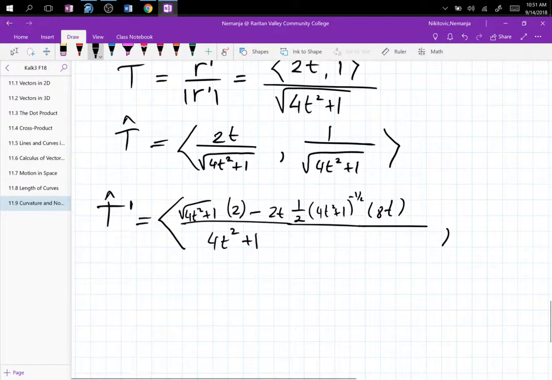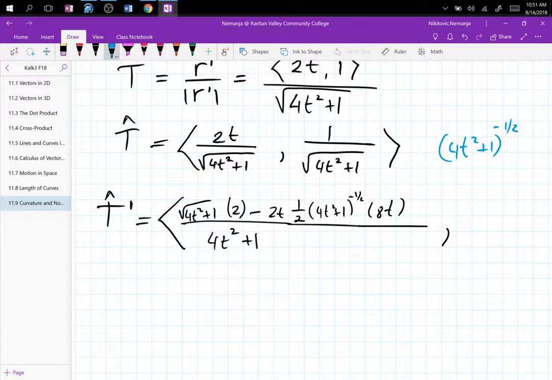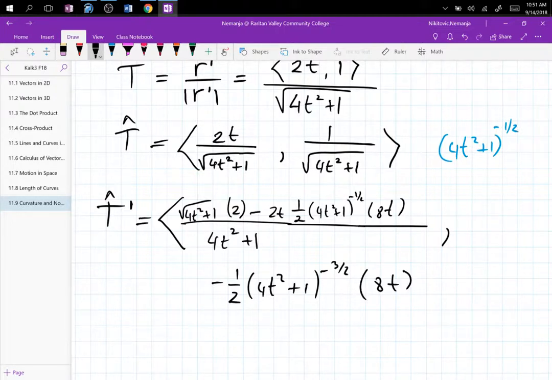And now we have to do the derivative for the second one. Now, the second one is much easier because you can just write this as (4t squared plus 1) to the negative 1/2. So that derivative is much easier as negative 1/2 (4t squared plus 1) to the negative 3/2 times the derivative of the inside, which is 8t.